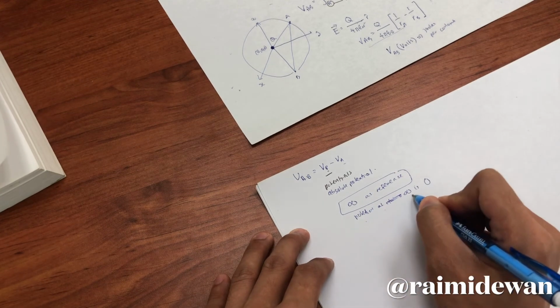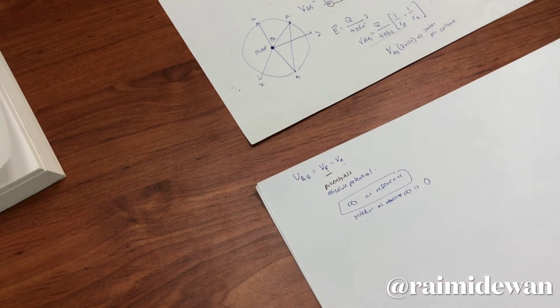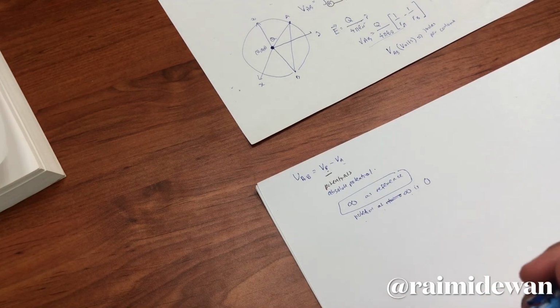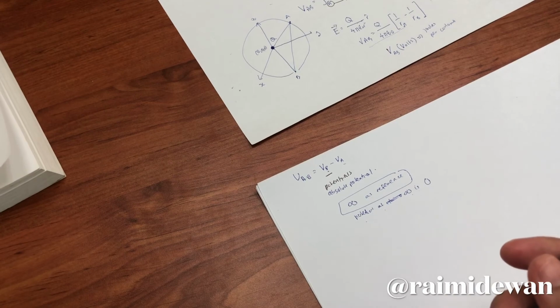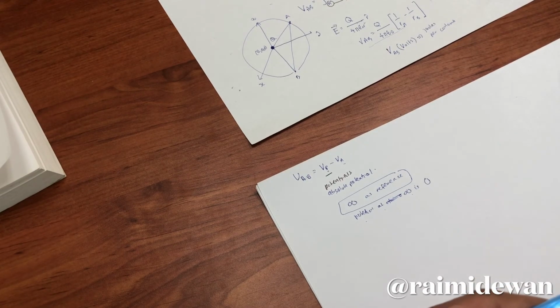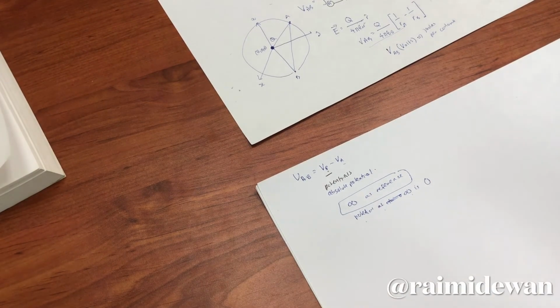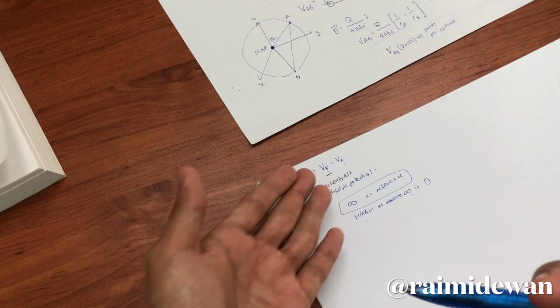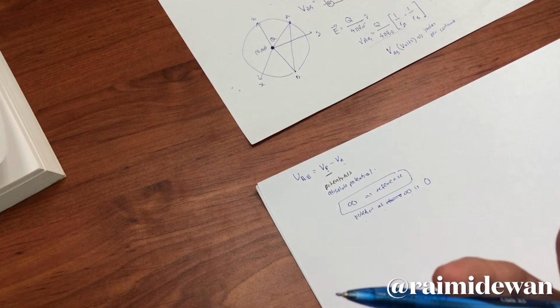Thus, we imagine that we are bringing a charge from infinity towards a location, for example in this equation, B.